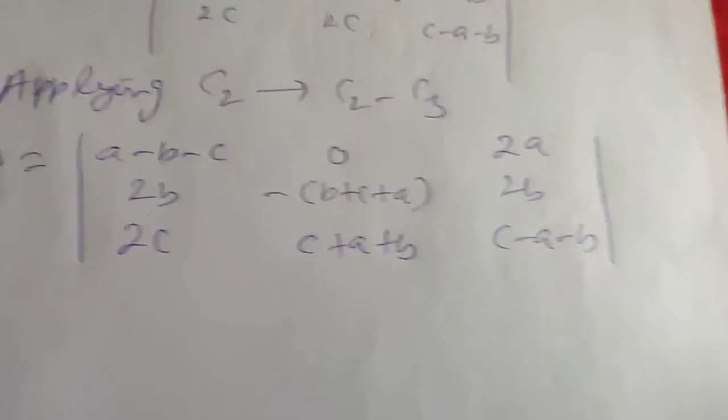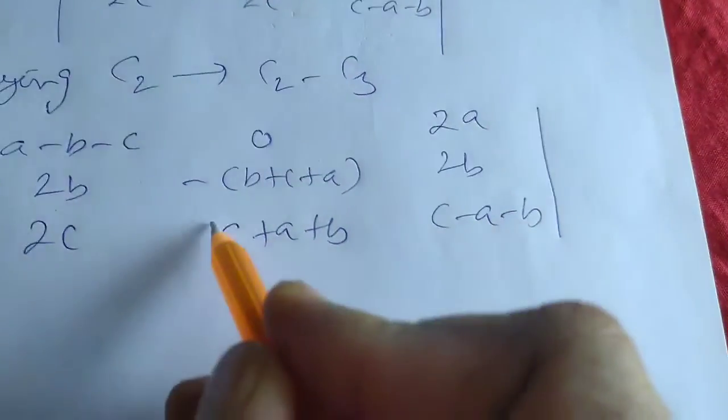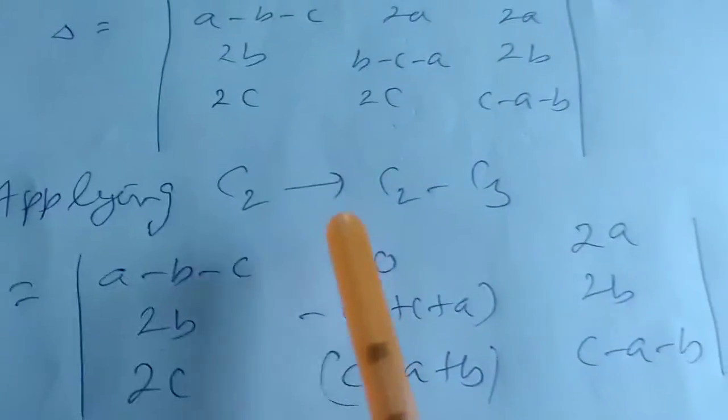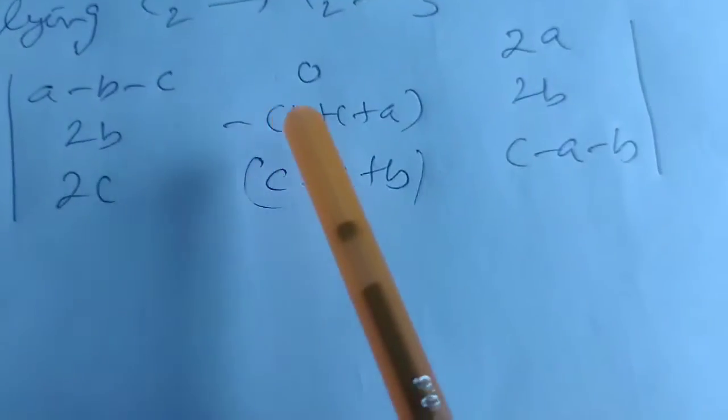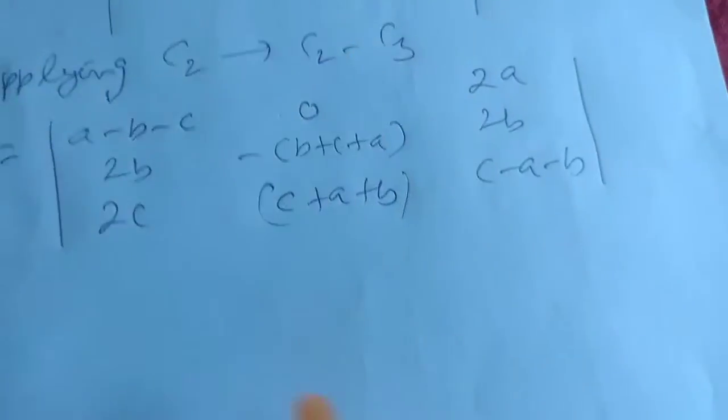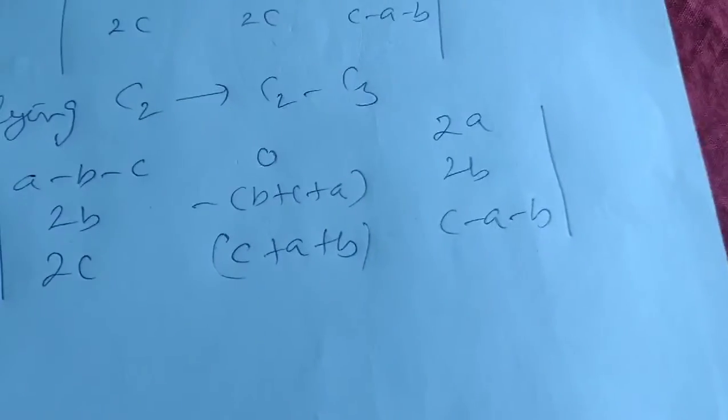Next, from column 2, as I told you, 0 we can write as 0 multiplied by a plus b plus c. So from column 2 we can take out a plus b plus c common.